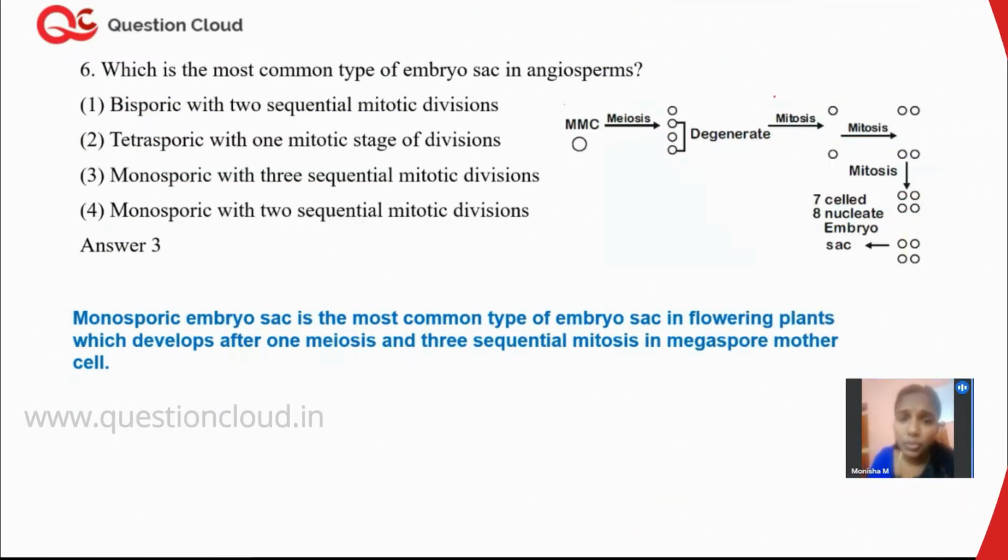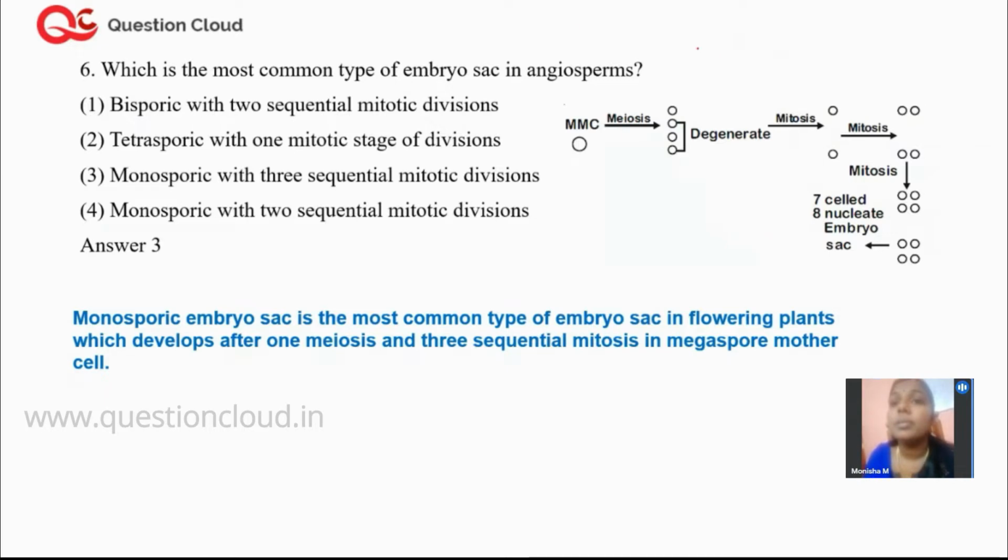So the next question is, which is the most common type of embryo sac in angiosperms? We know that angiosperms are the high end variety of the plant kingdom, right? We also call them flowering plants, because they reproduce by producing flowers.